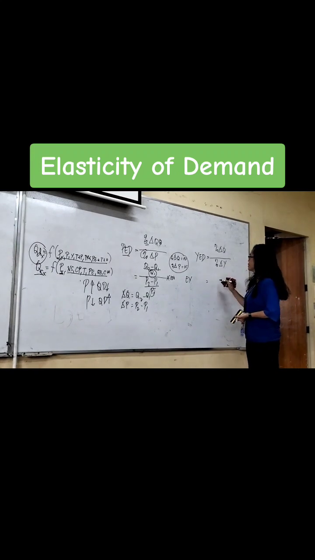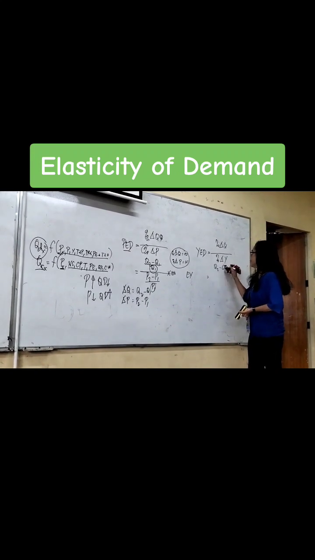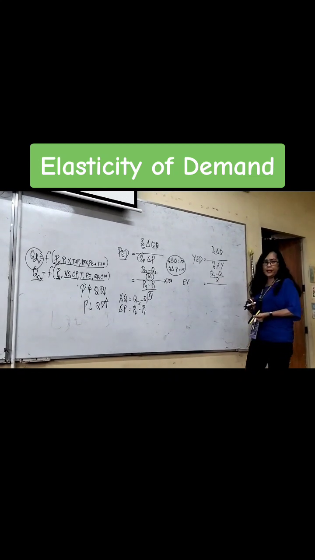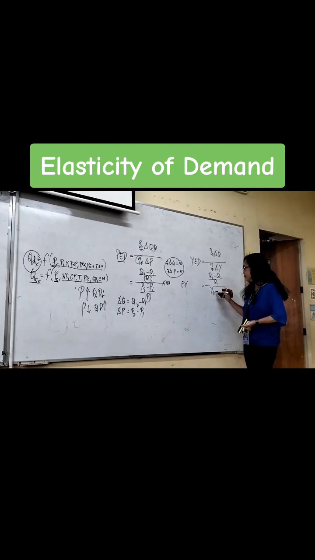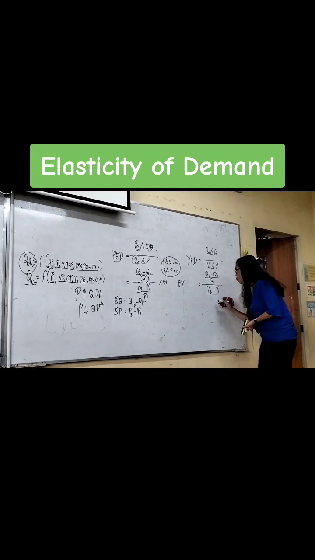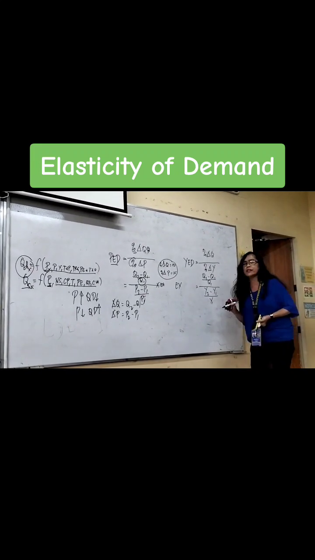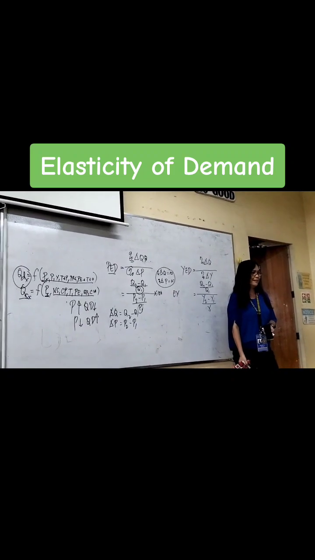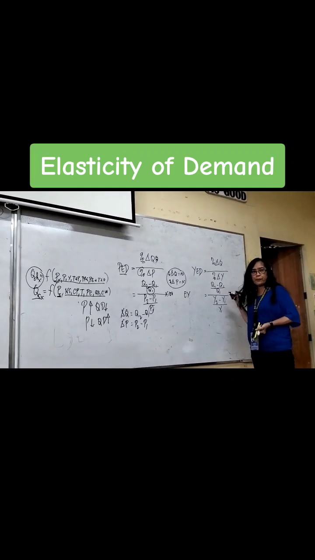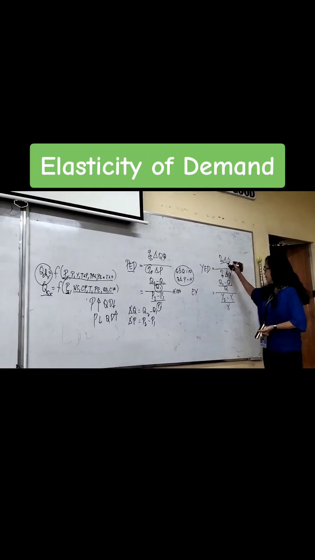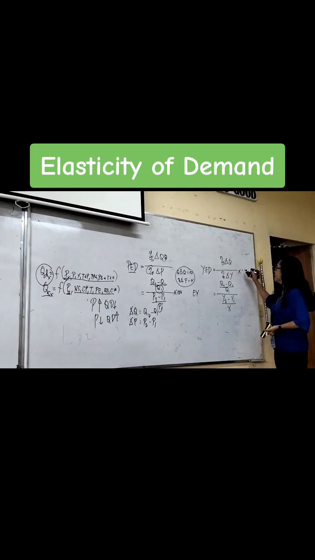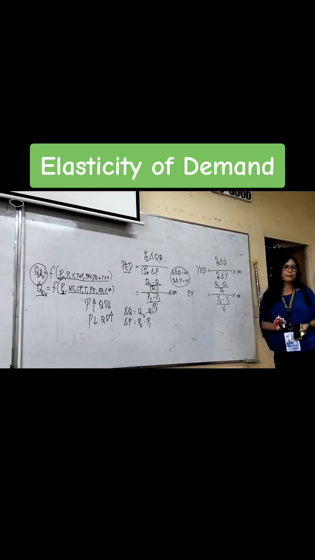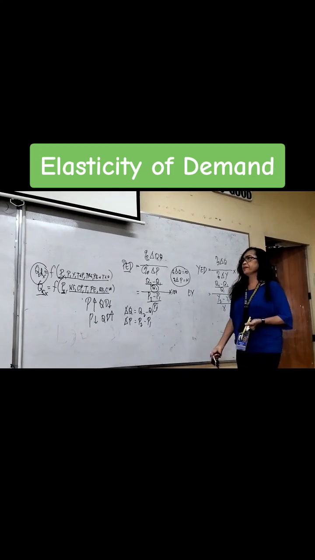To simplify this, we have Q sub 2 minus Q sub 1 over Q sub 1, all over Y sub 2 minus Y sub 1 over Y sub 1. Again, this is percentage, so we have to multiply it by 100 to get the percent.